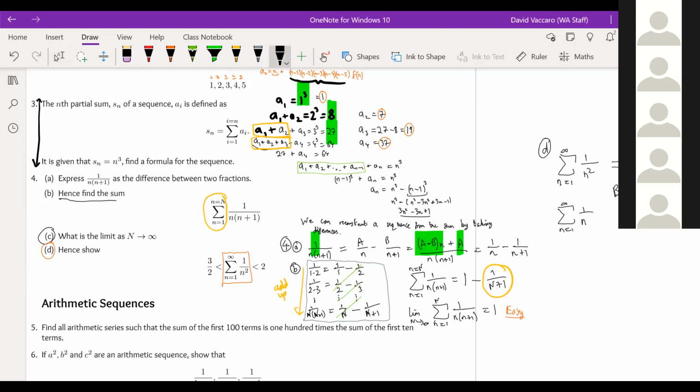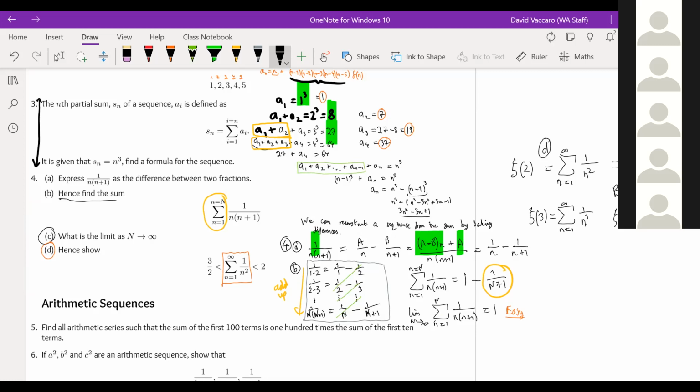If we were to take the sum of 1 upon n cubed, okay, that would also converge. And so we could actually think of creating a function, and this function has got a name, the zeta function. So the sum of 1 over n squared would be zeta 2. The sum of 1 over n cubed would be zeta 3, and so on.